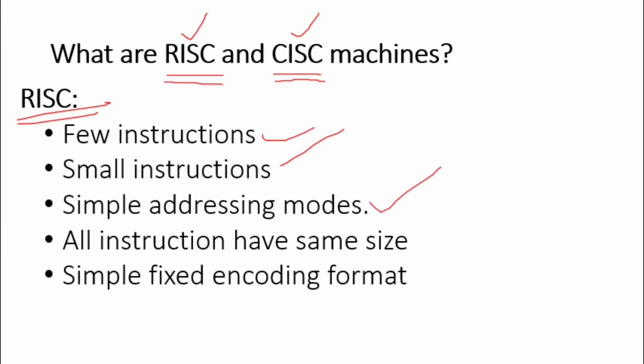Reduced instruction set computers also have very simple and fewer addressing modes, so the information about the addressing mode can easily be converted into binary in encoding. And every instruction will have the same size. For example, the ARM processor, which is a RISC machine, where every instruction is 32-bit.